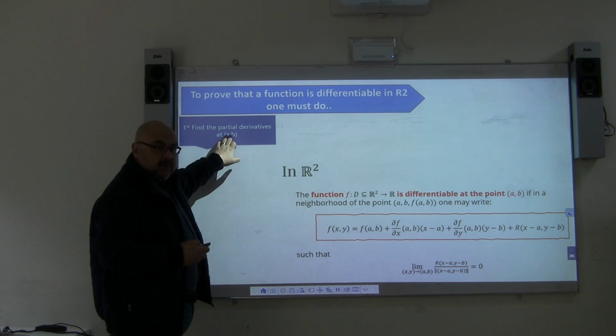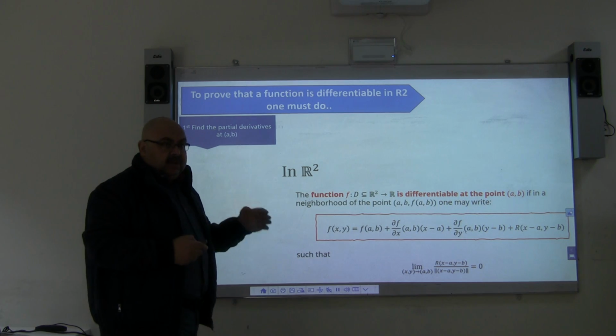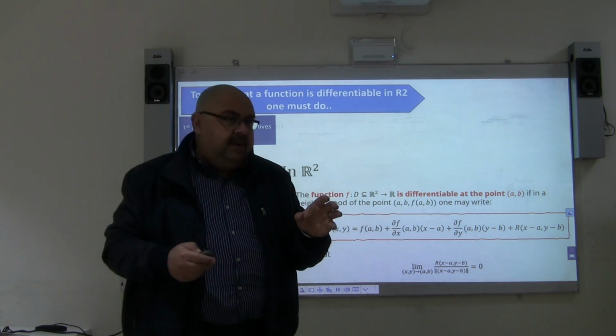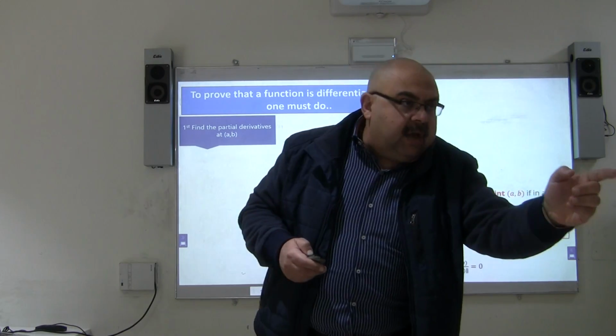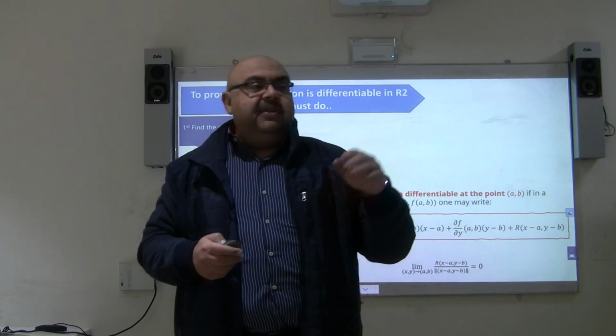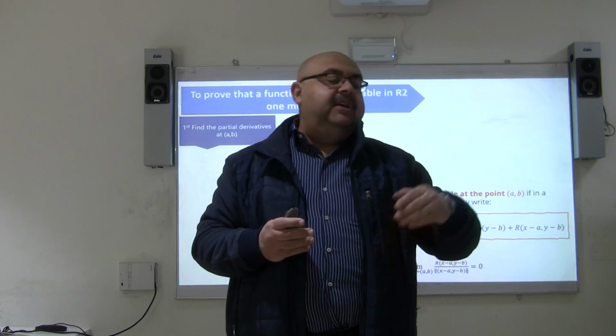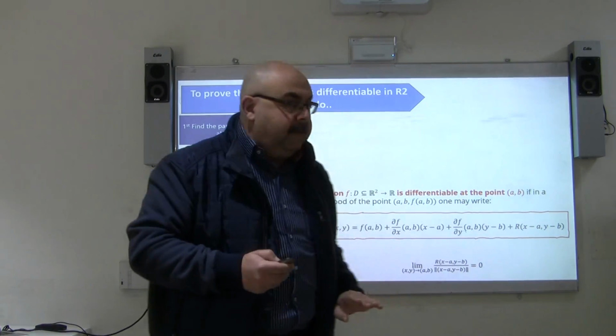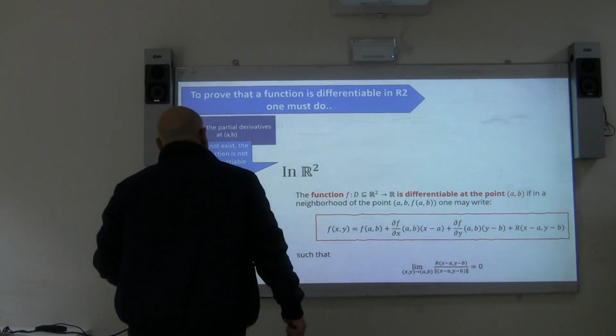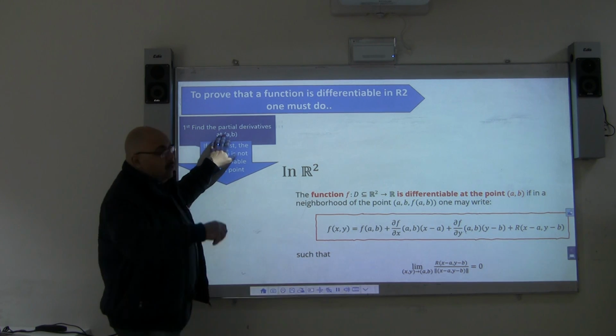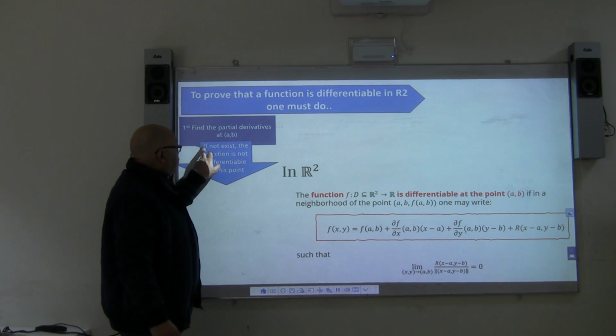It's really up to you, and it also depends on the function given. If the function is piecewise, I will have to use the definition. If the function is just one function defined on the whole domain, I can find f sub x and then f sub y.